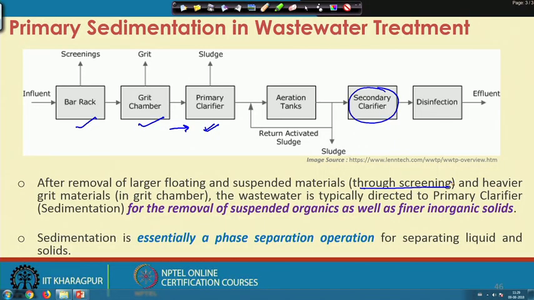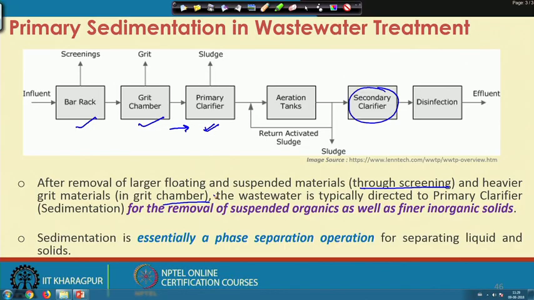Now, in a sewage treatment plant, when we have received the water, we have removed the larger floating and suspended materials through screening and the heavier grit materials in the grit chamber. Then what is left typically is further suspended materials in the form of some organic solids, because organic suspended materials are not removed in the grit chamber because of their lighter nature or lesser specific gravity.